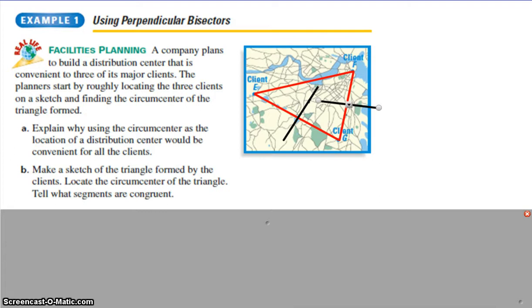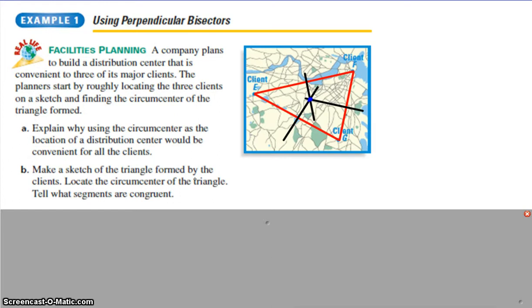Let's see, that's not quite a right angle, so there we go. And that looks to be approximately where it cuts it in half. And then we'll do another line. Right angle, cuts it in half. Alright, so they construct the perpendicular bisectors like that. So that means right here is the circumcenter.